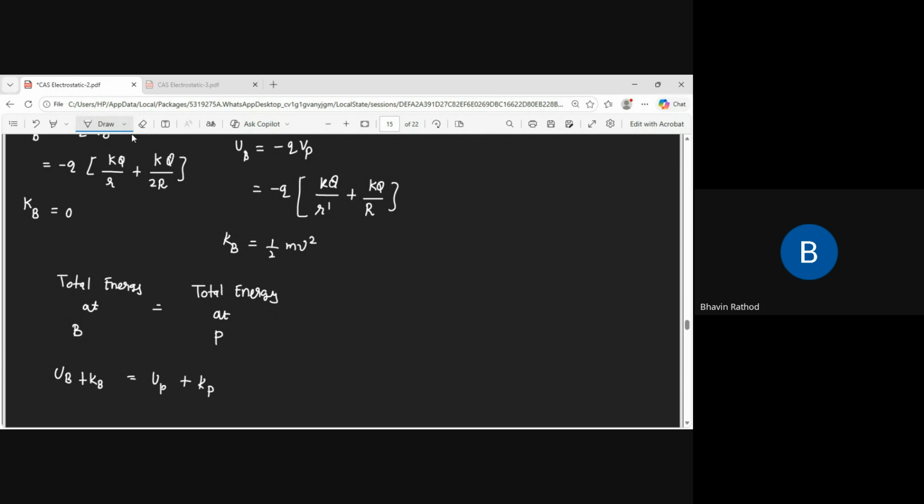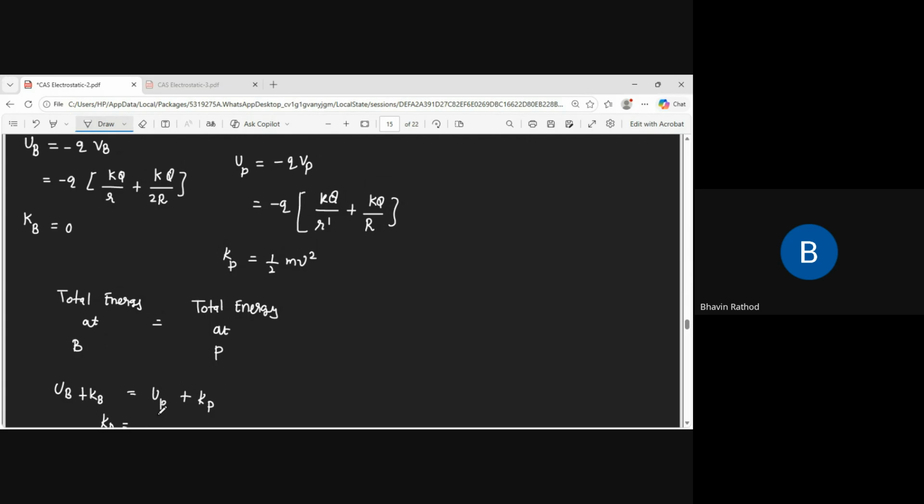And there is only one unknown in this, which will be the kinetic energy at point P. So we can find that. And from that, we can find the speed.